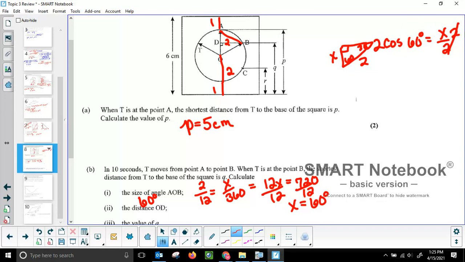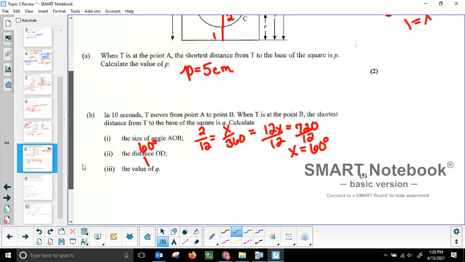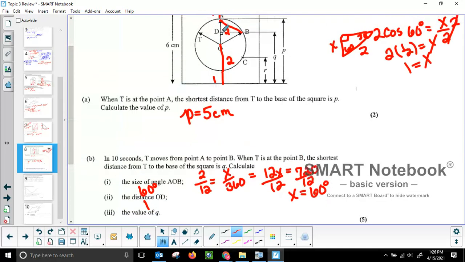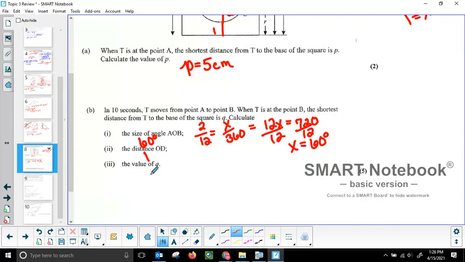And of course, the cosine of 60 is 1/2. So 2 times 1/2 is 1. And so now the value of Q. Well, now we have 1 plus 2 plus 1, so that's 4.